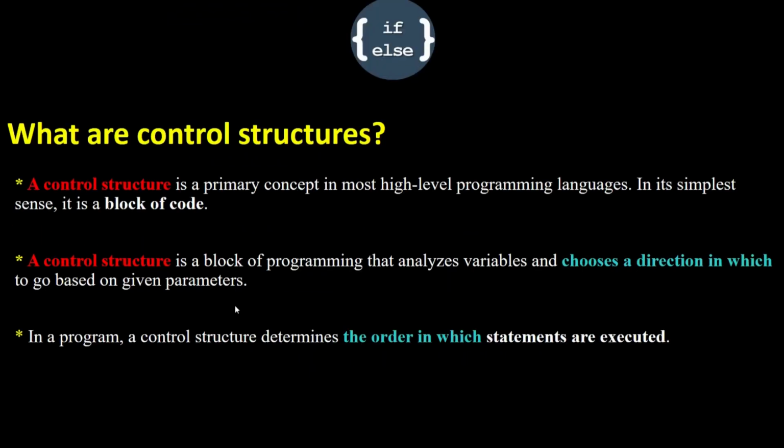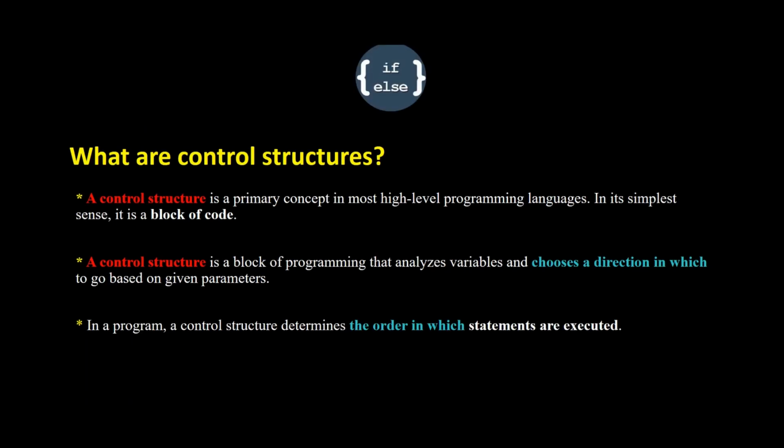Before starting to explain if-else, the first thing that you have to understand is what exactly the if-else statement is and why we need those statements in our program. So, if-else, or the statement if, is known as a control statement. So, what are those control structures?